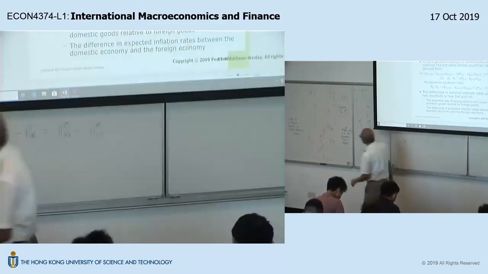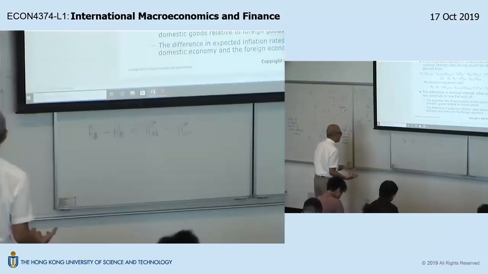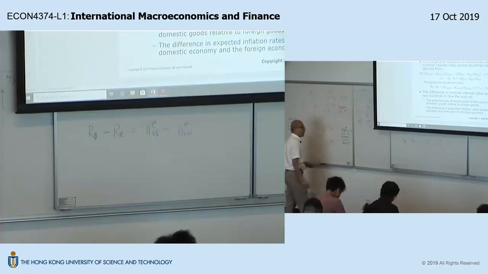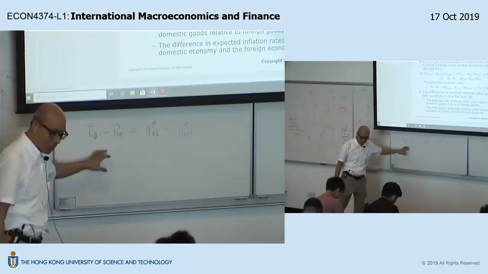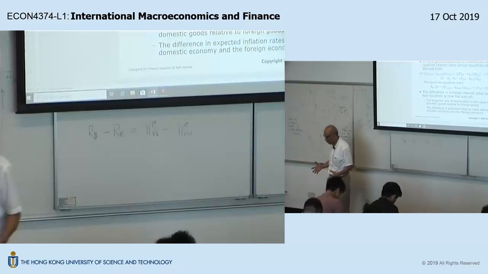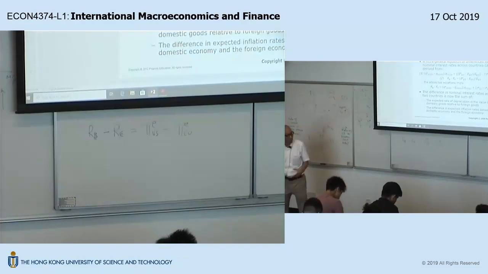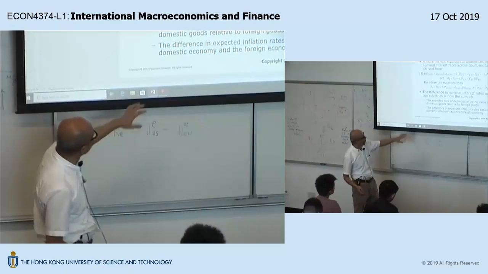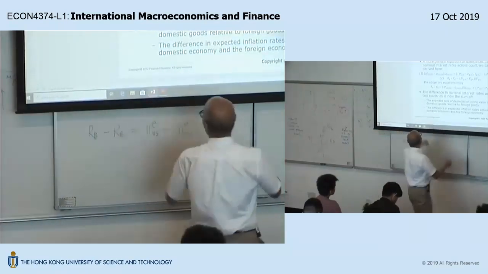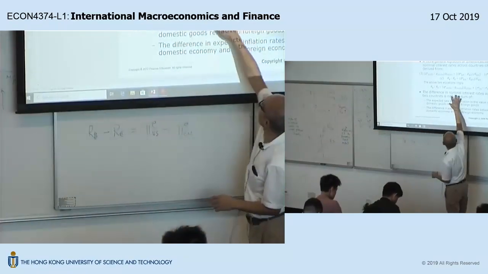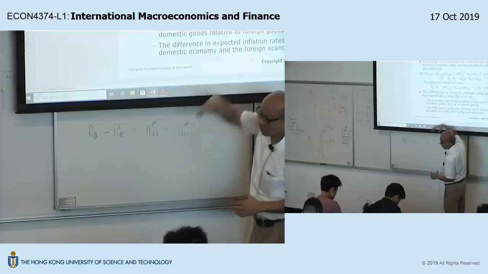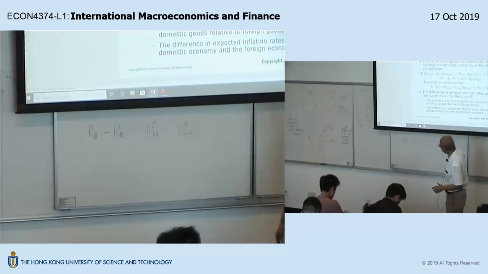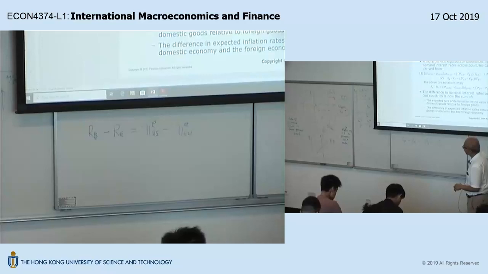But now we have to modify it, because this equation actually depends on PPP. This is the international version of the Fisher effect. So the modification is to add a term here, because Q is going to affect the exchange rate as well.